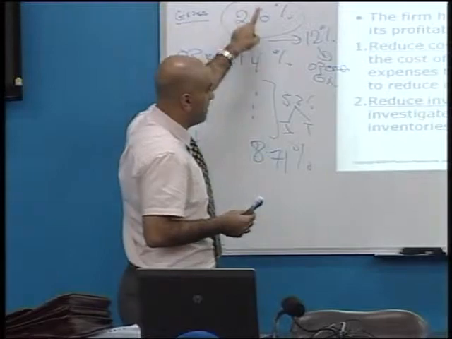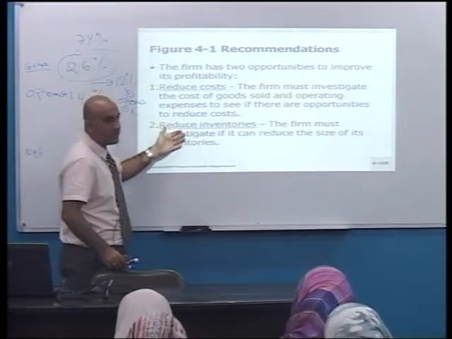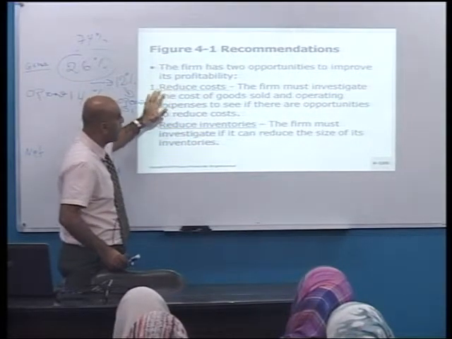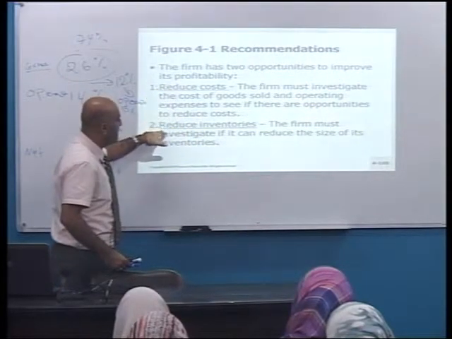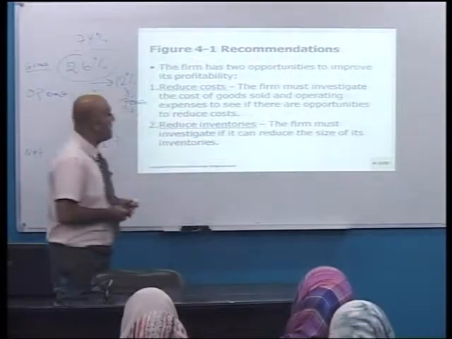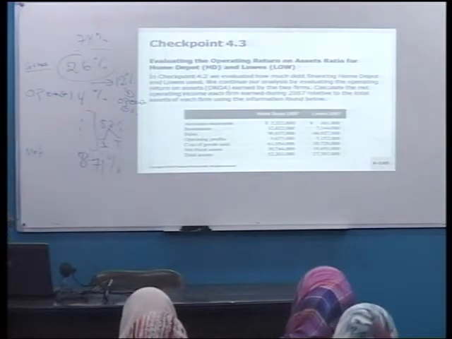And it is very clear. And we conclude the other thing, return on inventories, because generally speaking the cost of goods sold has a direct impact on the cost of the inventory. So the firm must investigate if it can reduce the size of its inventory.